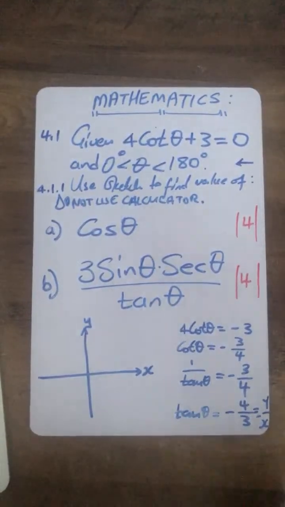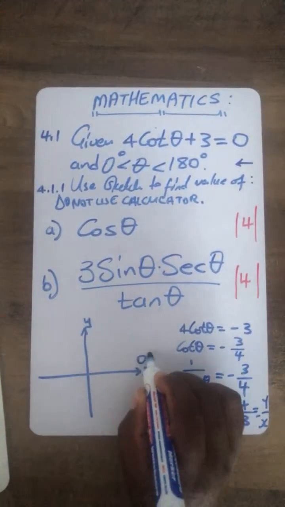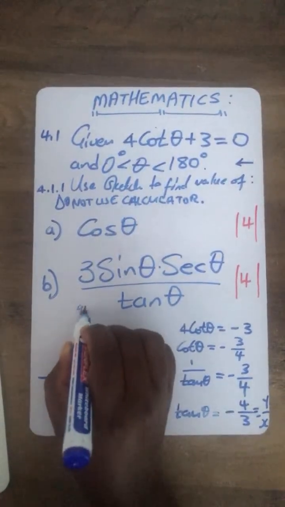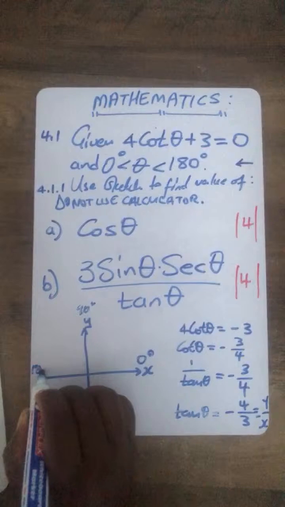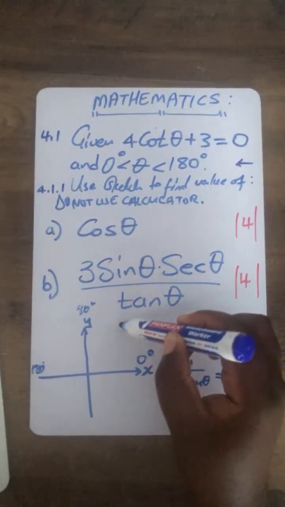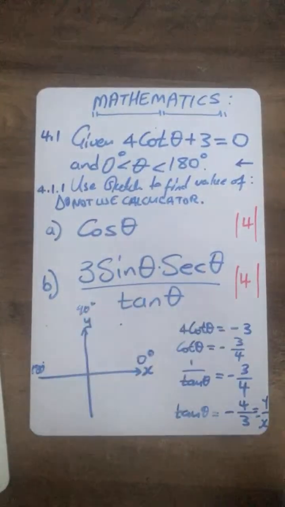So that means your triangle should be between 0 degrees. Remember, from 0, we go to 90 degrees and then 180 degrees there. So that means your drawing or your sketch should be here or there.